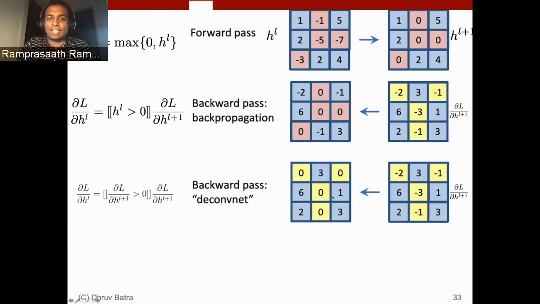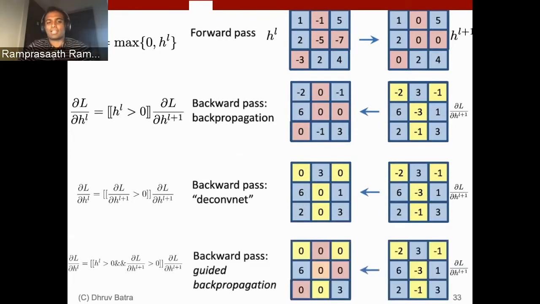Only the positive gradients are being backpropagated. There's another paper, guided backpropagation, which says to follow what regular backprop for ReLU does, and also use this deconv backprop to stop the negative gradients from flowing back.